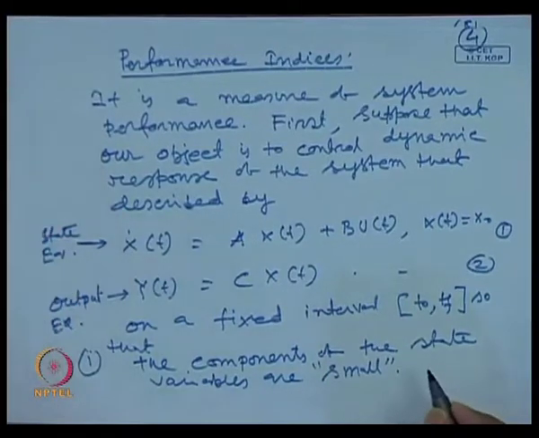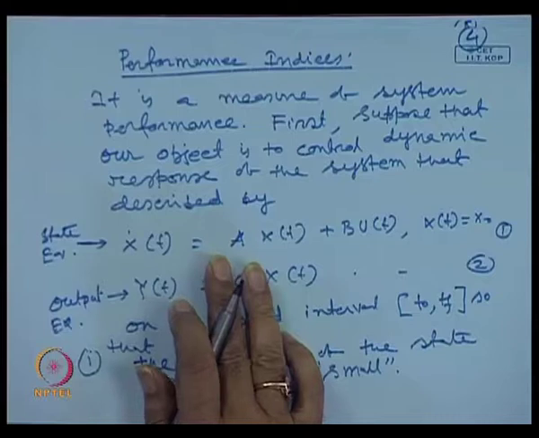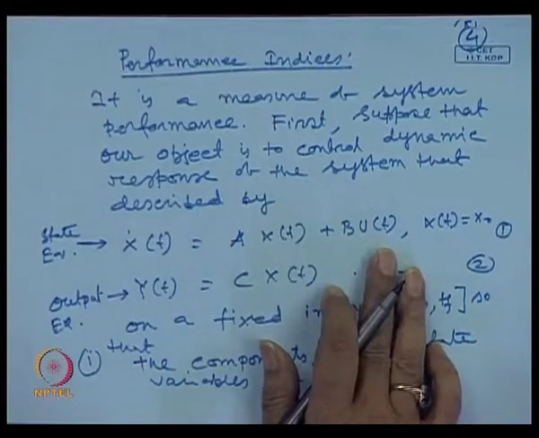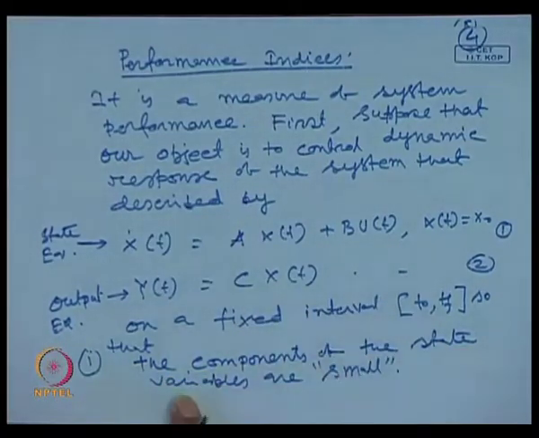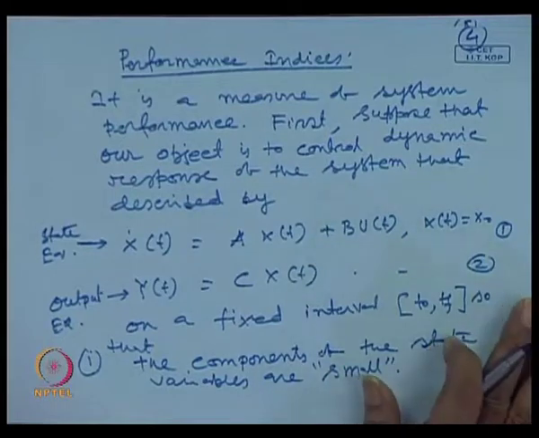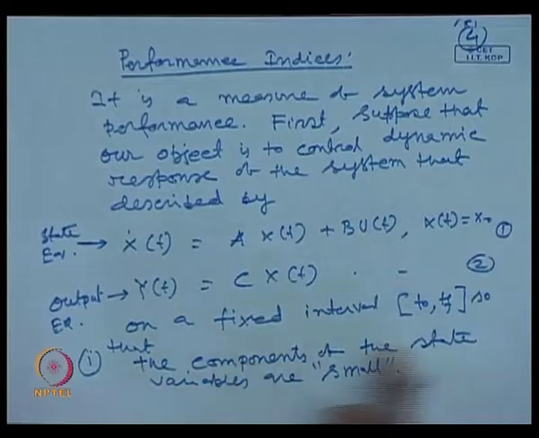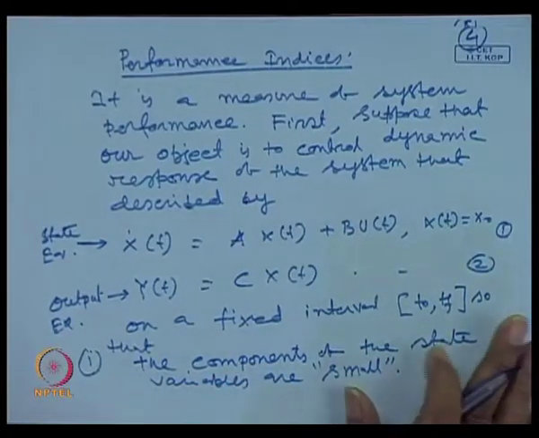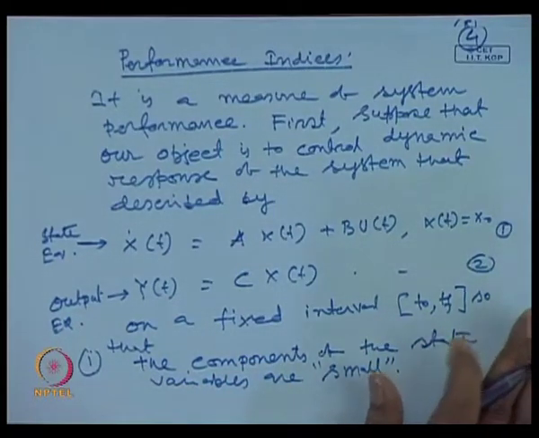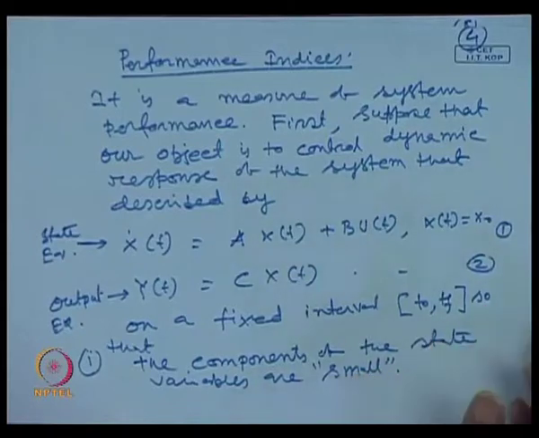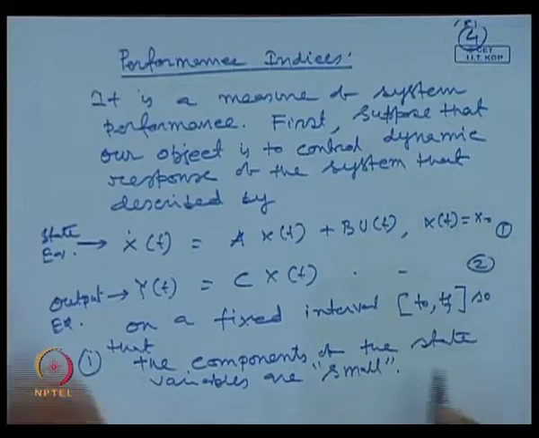For that, what should be the choice of our performance index? Since the components of the state variables should be small, the performance index we select is in quadratic form. That means the sum of the error squares must be small.